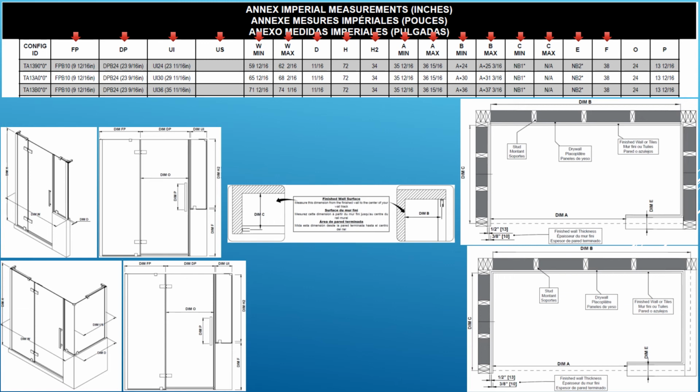F is the buttress wall height. The measurement is from the floor threshold up to the top of the buttress wall. O is the measurement of the width of the door opening, and P is the distance between the handle holes. The measurement is the distance from the center to center of the handle screw holes.